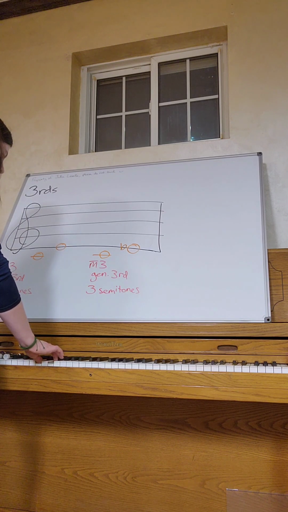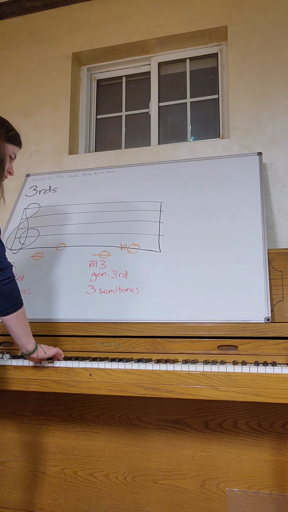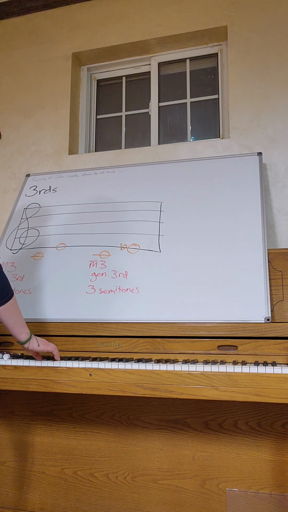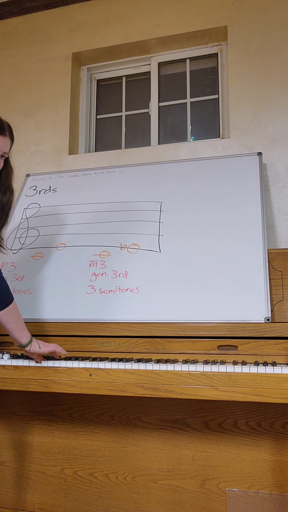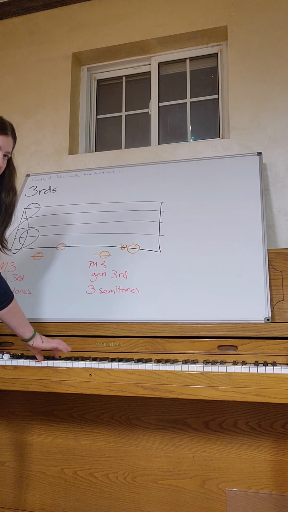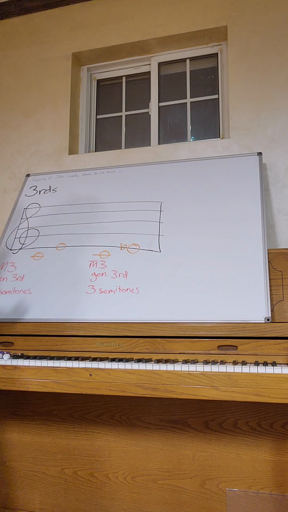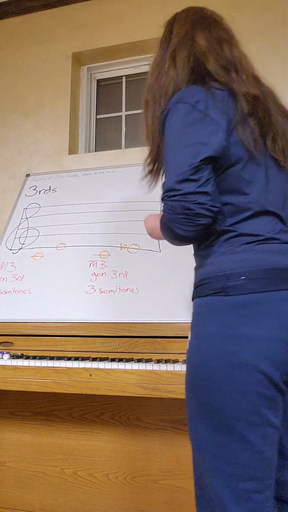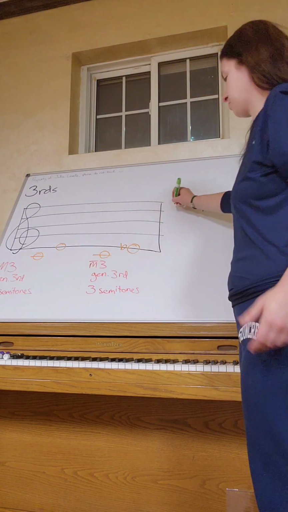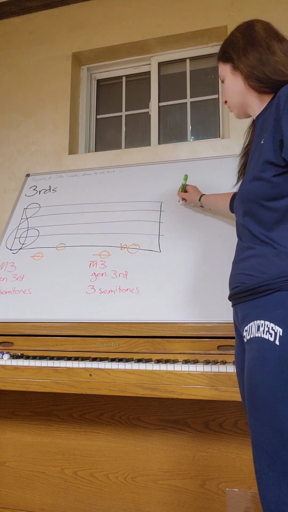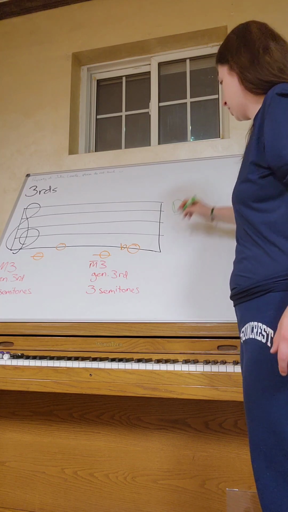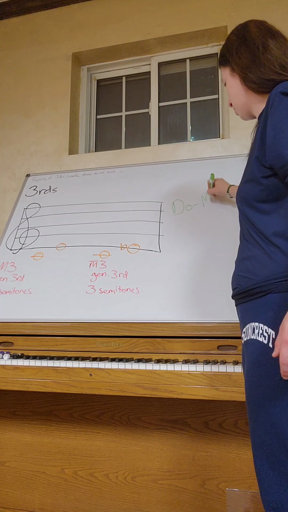Do, mi. And a minor third. So again, we're saying that middle C is our do, and E is our mi.